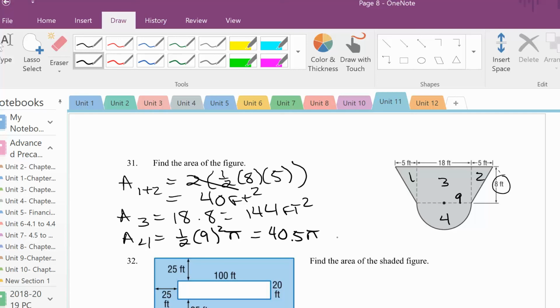When you add them all up, you get the area is equal to 311.235 square feet.